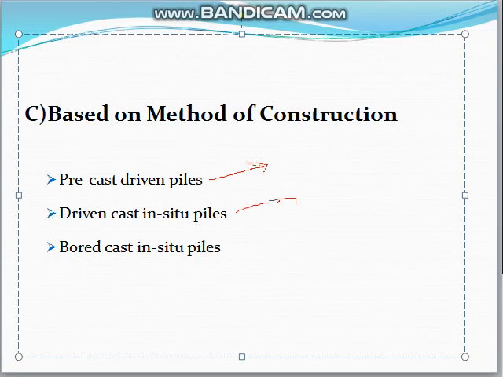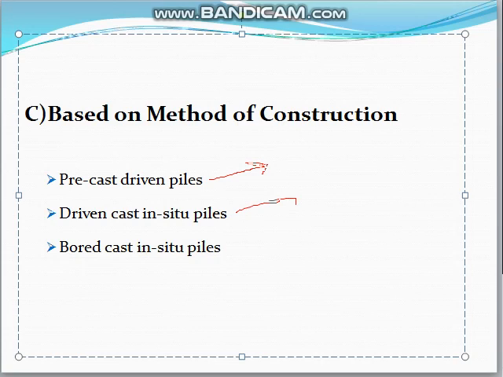Generally, these driven piles may be of concrete, steel, or timber. These piles are formed by driving a tube with a closed end into the soil strata and then filling the tube with freshly prepared concrete. Here, the tube may or may not be withdrawn afterwards.